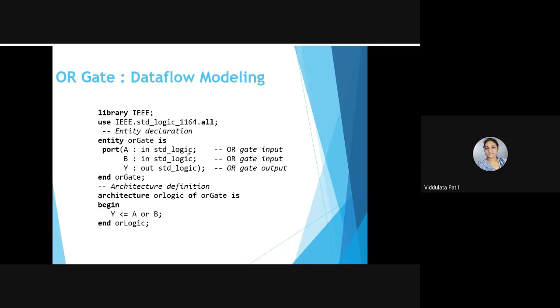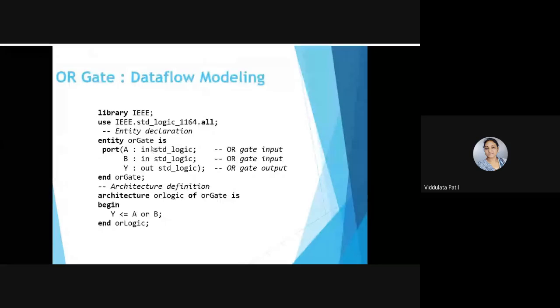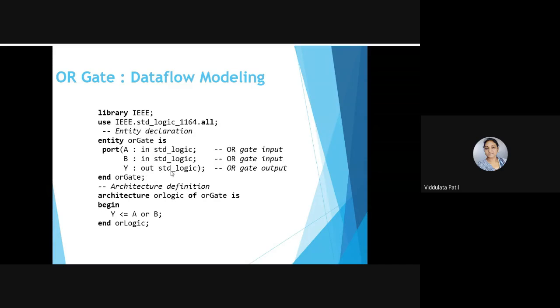So here it is in mode, input port, and then std_logic data type. Similarly, you have to declare the other port, and then Y, that is the output port, with std_logic data type. Then the bracket is complete. So here we have declared all the ports. We complete this bracket, then semicolon, and then end of this entity OR gate.